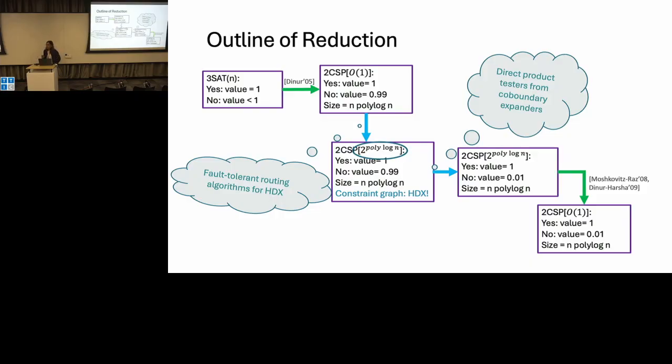Any other questions? Okay, so now for the rest of the talk, I will tell you something about this part of the reduction and about the property testing question that we solved for getting this step in the reduction.